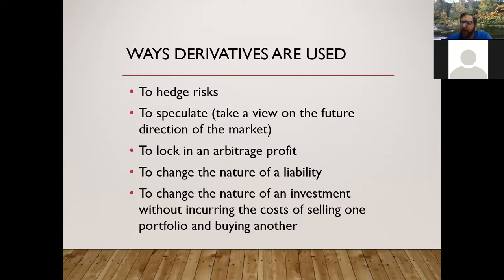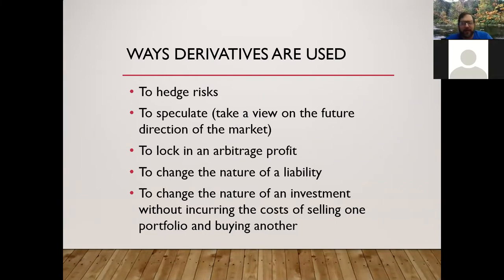And then finally, I have, to change the nature of the investment. And so this is like where the credit default swaps and things like that come in. I really like what I have, but I kind of wish it was structured a bit differently. Instead of me trying to unwind a position, because this isn't really looking at stocks and bonds. These are looking at more complicated portfolios and things like that.